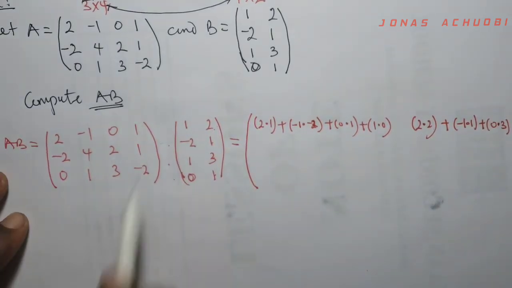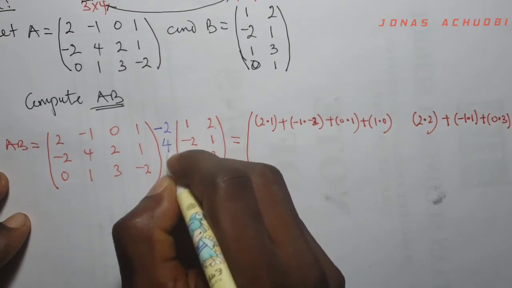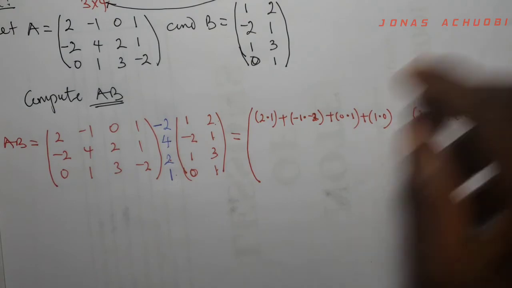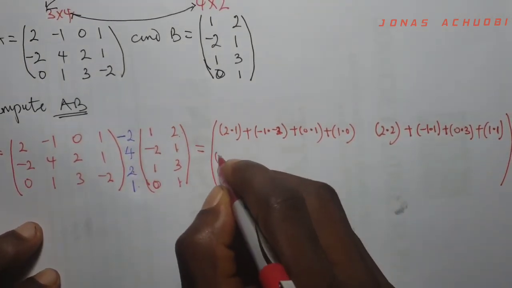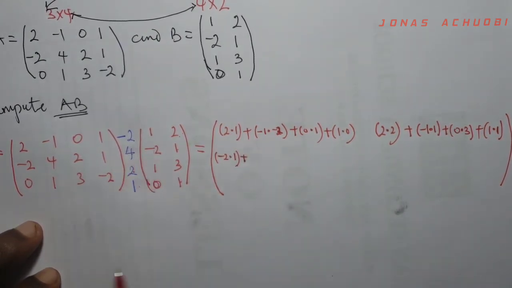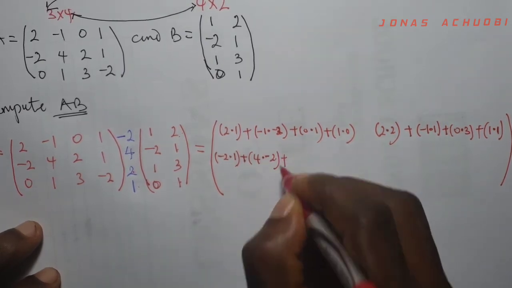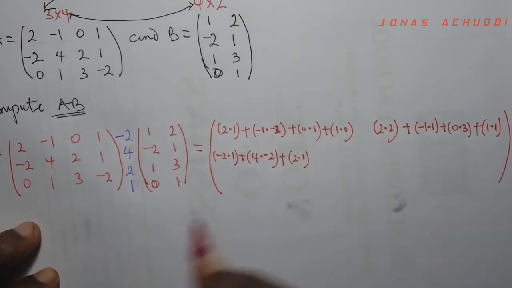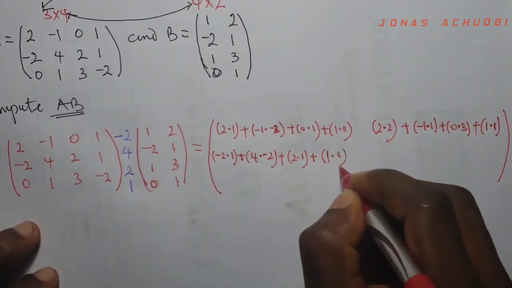I'm bringing the second row of matrix A. So second row, we have minus 2, we have 4, we have 2, and we have 1. So I'll repeat. Minus 2 times 1 plus 4 times minus 2 plus 2 times 1 plus finally 1 times 0.